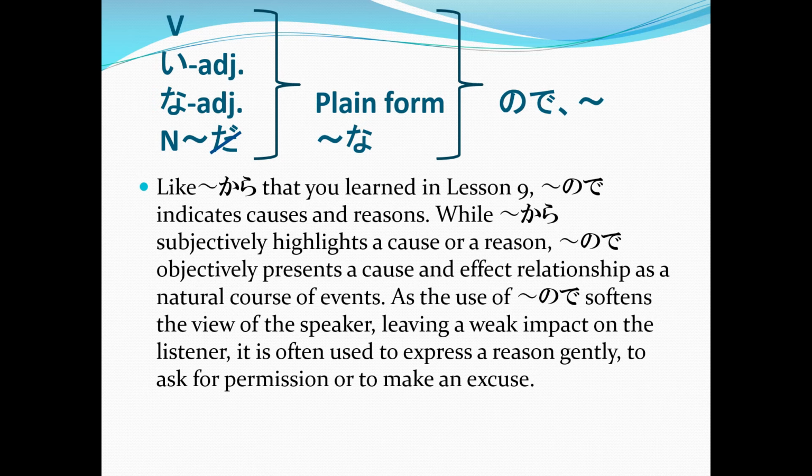As the use of node softens the view of the speaker, leaving a weak impact on the listener, it is often used to express a reason gently, to ask permission or to make an excuse. Again, cause and effect, and it softens the reasoning, or you could use this also when you want to give a reason and ask for permission or make an excuse.